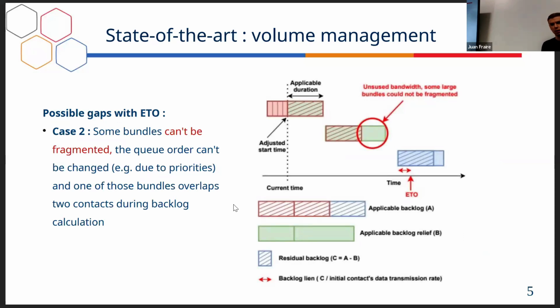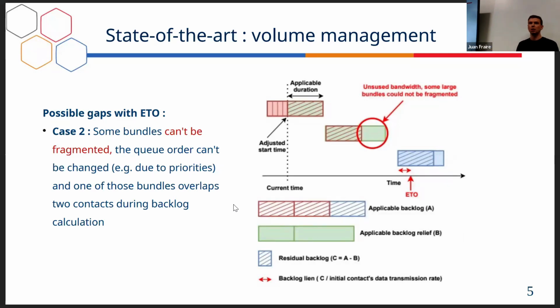Another possible gap with ETO is what happens if your bundles can't be fragmented. When you schedule a bundle for a neighbor, you might have several contacts with this neighbor, and the transmission queue volume, or backlog, might spill over several contacts.